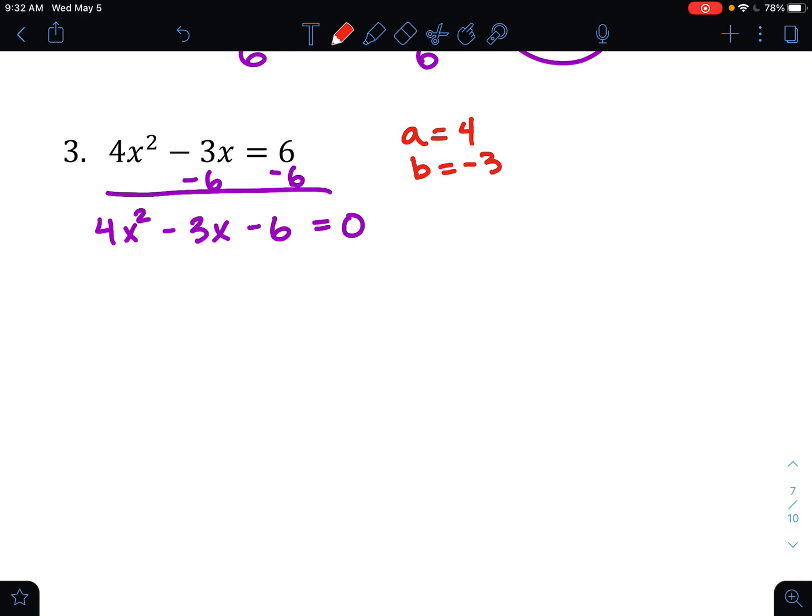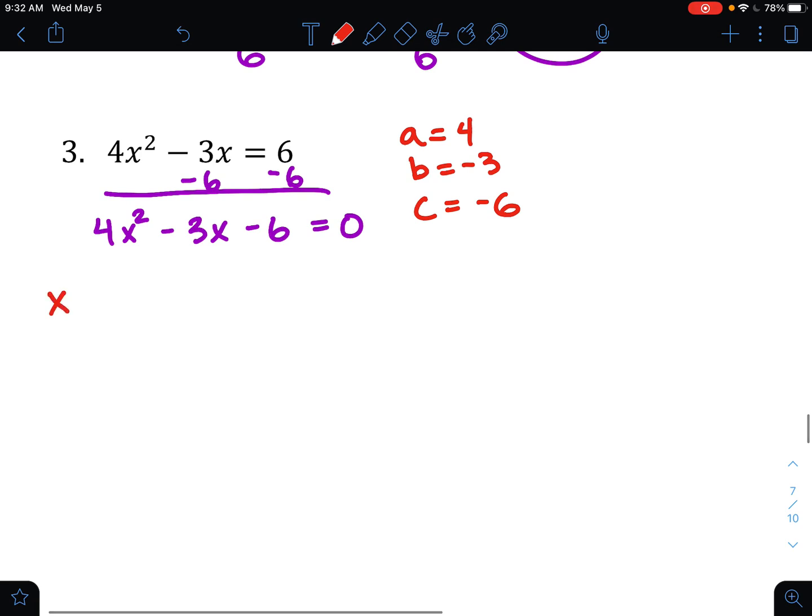B is negative 3. C is negative 6. Okay, x equals negative, now B is negative 3 this time, so I'm going to go like this initially. If you're comfortable knowing that we'll switch to a positive 3, you can skip straight to that step. But initially, I'll write that out.